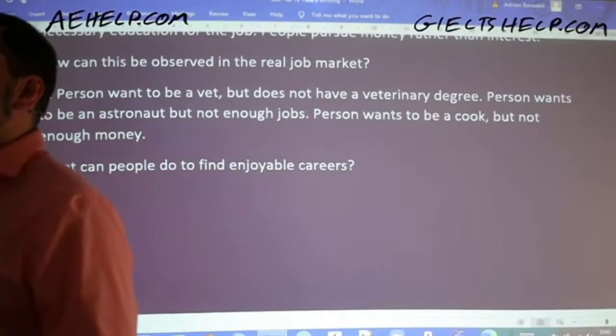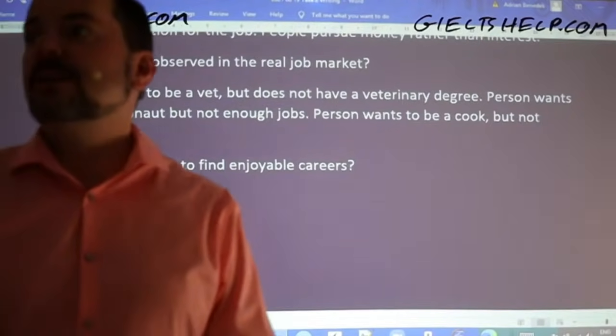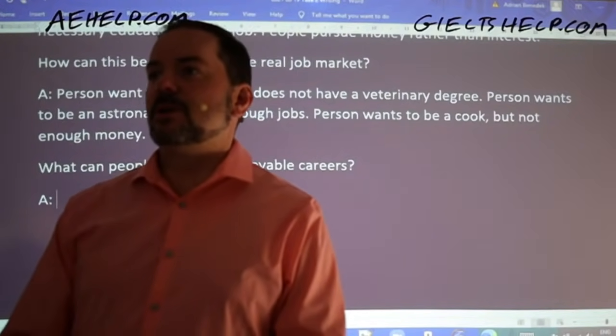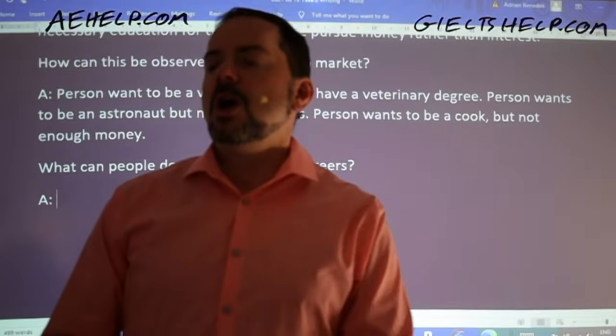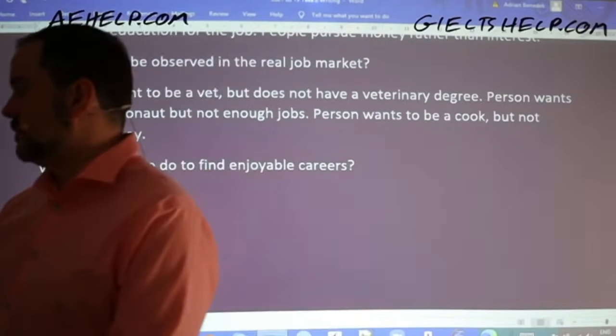Okay, Artist says, first they need to find their interests, what they enjoy doing. They should seek jobs in their field of interest, maybe online. Okay, Rajveer says, improve their academic skills to fulfill their job requirements.